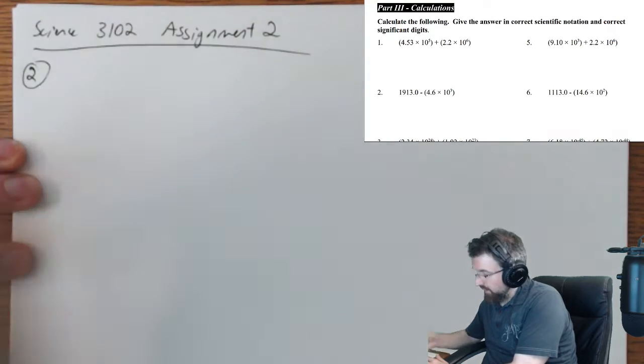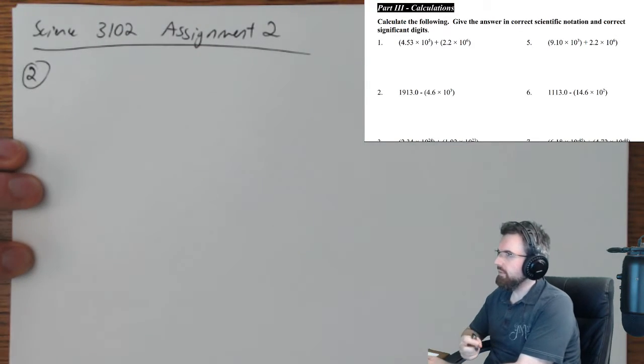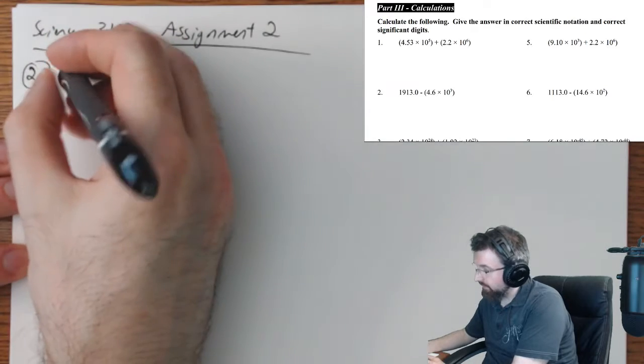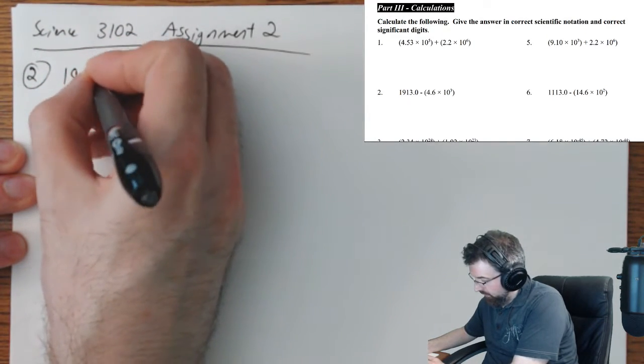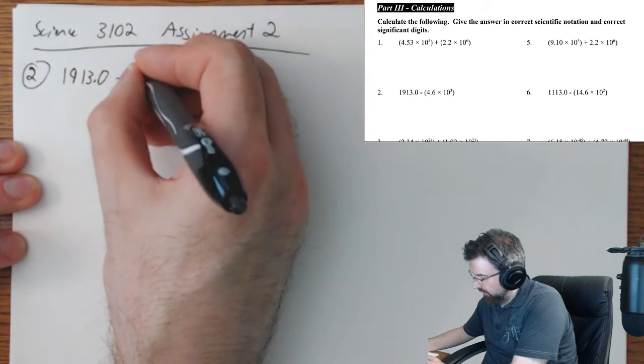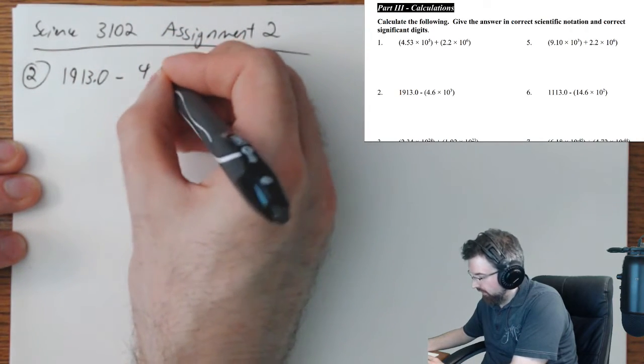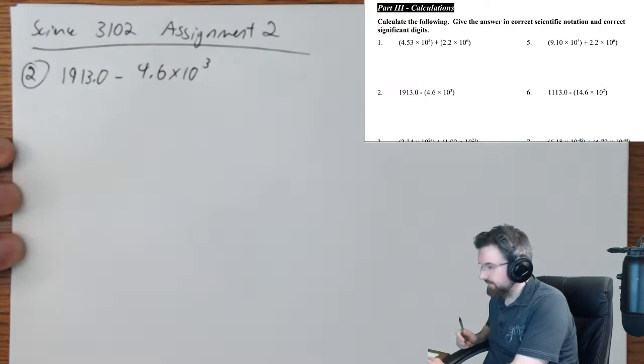This is going to be question 2. Well, it's one of many question 2s, of course, as you know if you're doing this course, because there's a lot of different pages to this assignment. So it's 1913.0 subtract 4.6 times 10 to the 3.